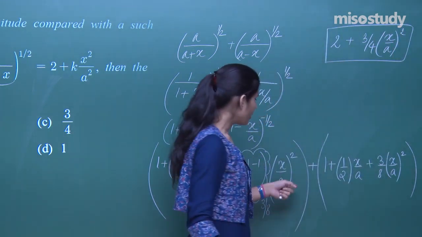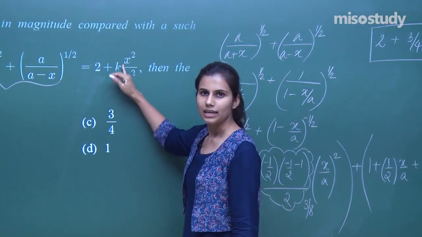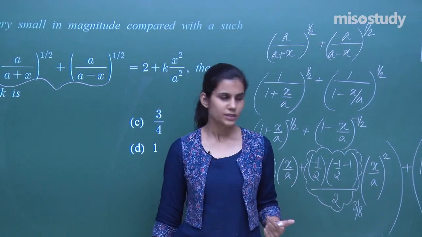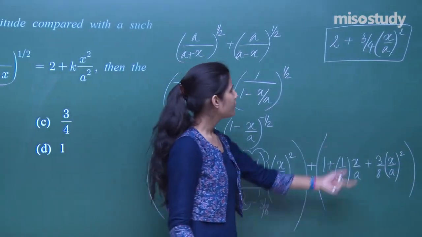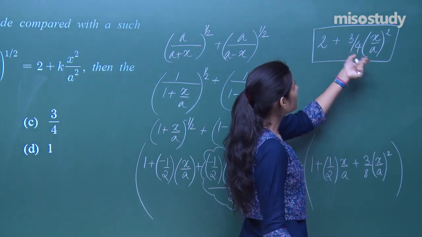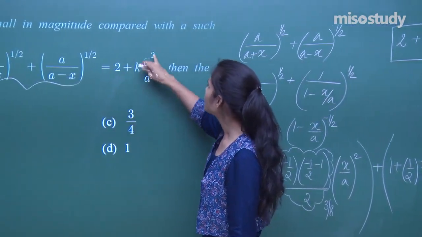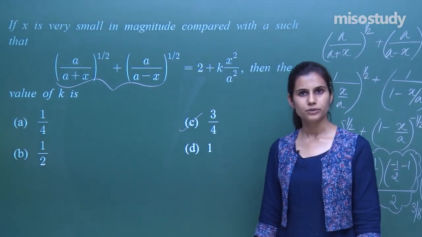We were basically avoiding writing the further terms because here the expansion only requires up till here. No cube expression is required to compute the value of k. So why bother ourselves to further write the expansion? And therefore, we have obtained the result. It is 2 plus 3 by 4 times x square by a square. So k comes out to be equal to 3 by 4.